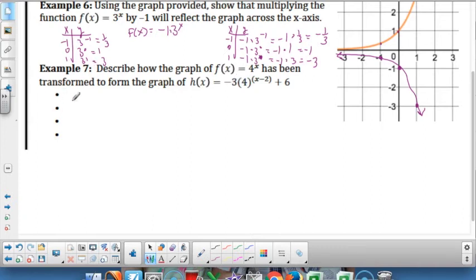So a negative means it's been reflected over the x-axis. The next thing I notice is it's been multiplied by 3. Recall from video 3 that multiplying by a number larger than 1 is a vertical stretch by a factor of 3.